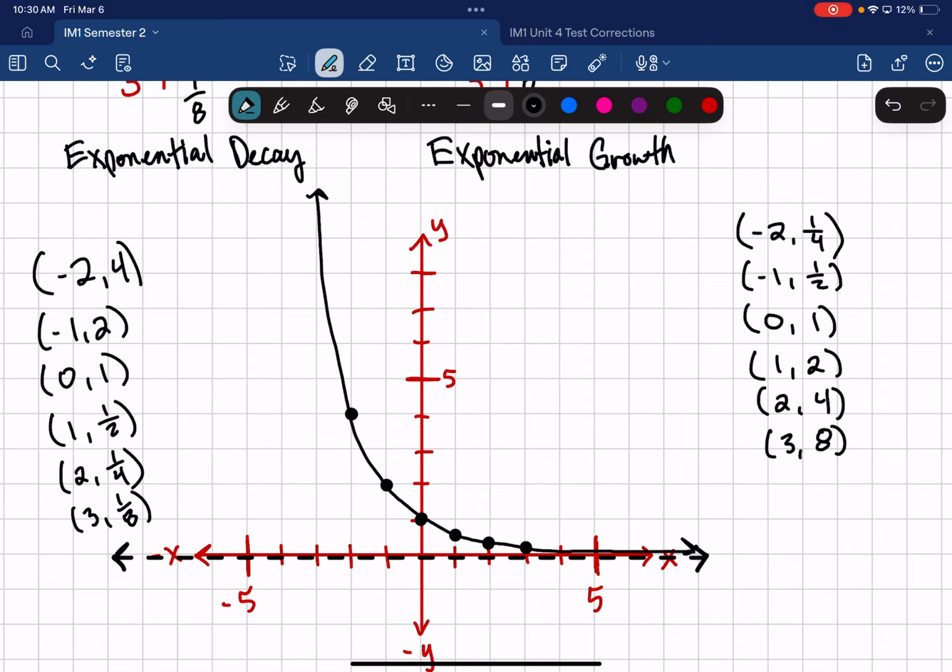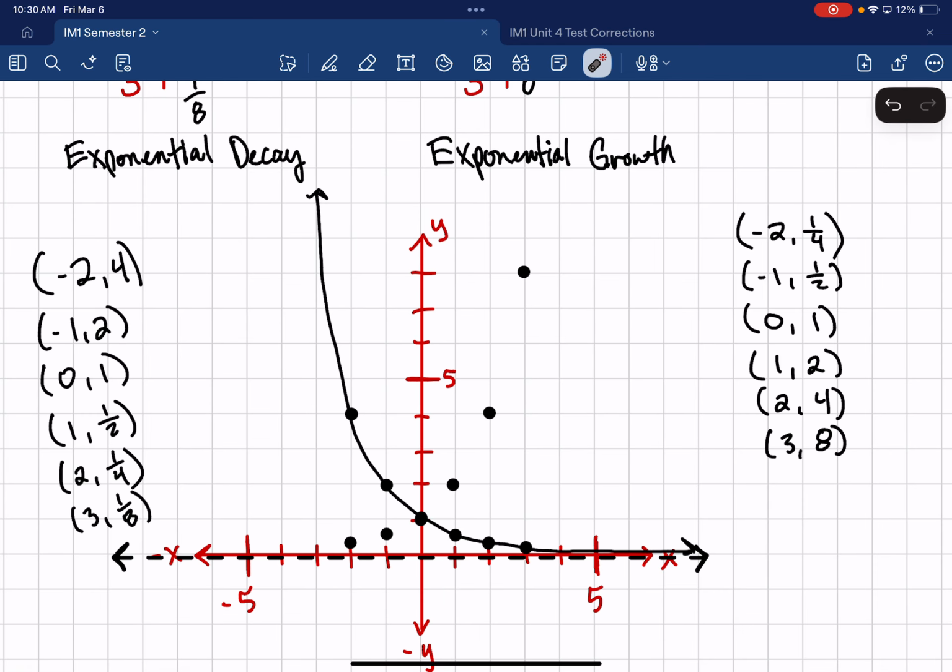So negative 2, 1/4, negative 1, 1/2, 0, 1, 1, 2, 2, 4, and 3, 8. Notice how I use that to my advantage, making that line really big. I can just jump, and now I'm just going 1, 2, 3. That's 8.